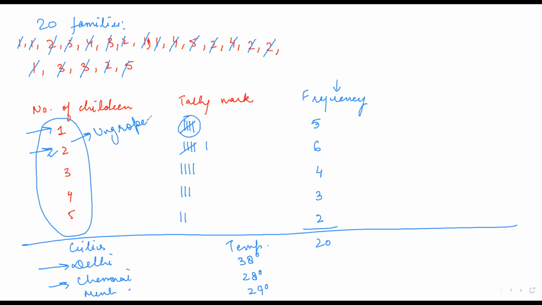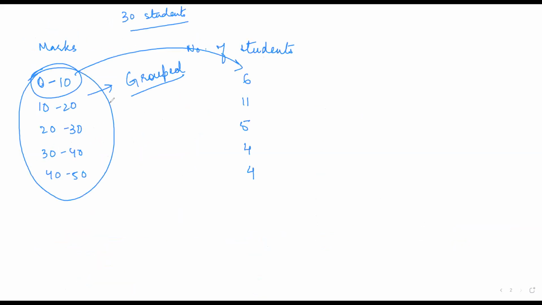We have not formed any groups here, there is no class interval. So this is ungrouped data, this is discrete data. I mean, different values are there. And if data is given in this form, this is called grouped data, right?